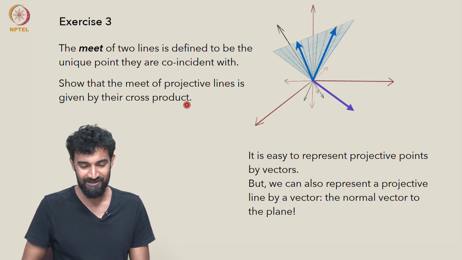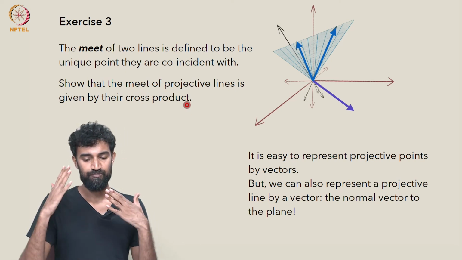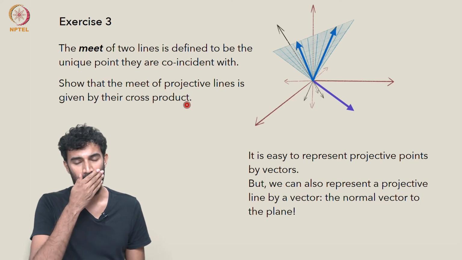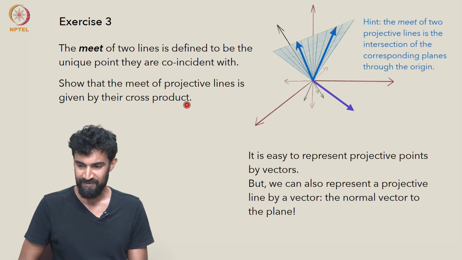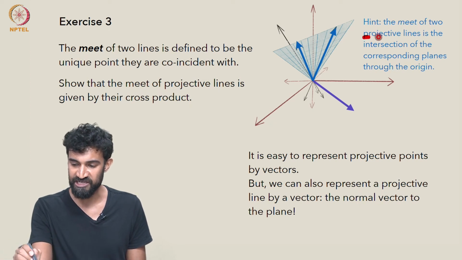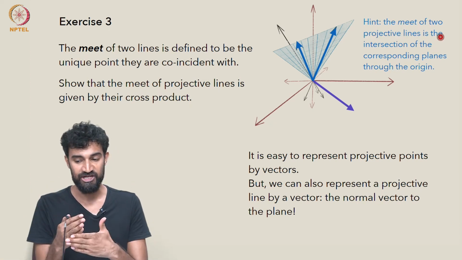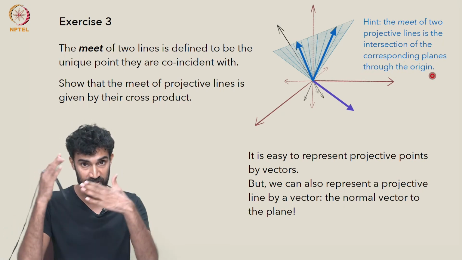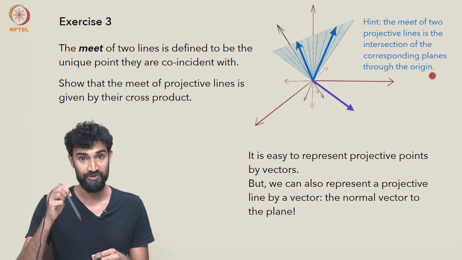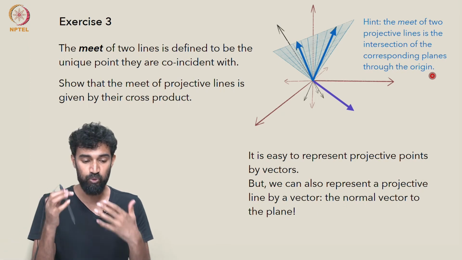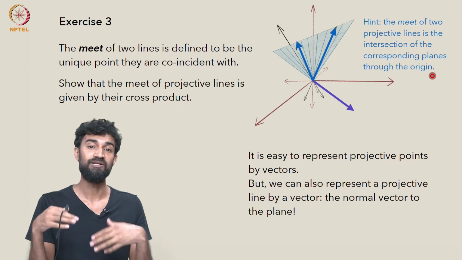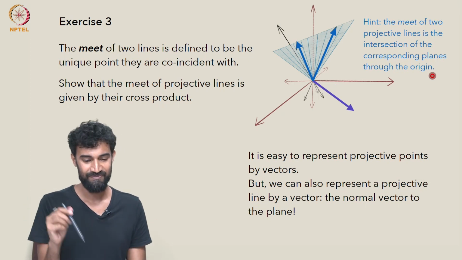This one is maybe a little harder to see. A projective line is a plane through the origin. So as a hint, the meet of two projective lines is just the intersection of the corresponding planes through the origin. Given two planes through the origin, they'll intersect in a line through the origin, and that is the projective point of intersection of those two projective lines.